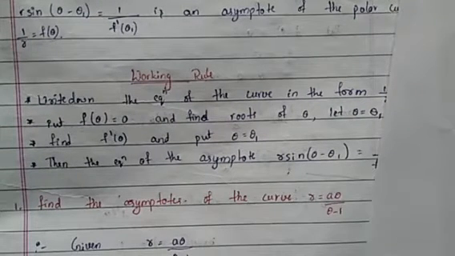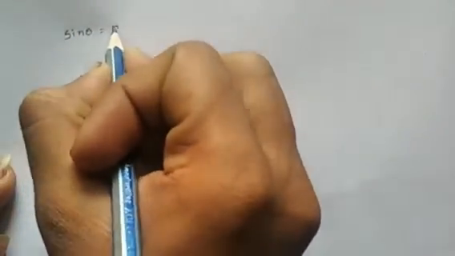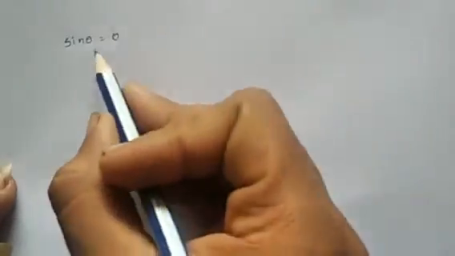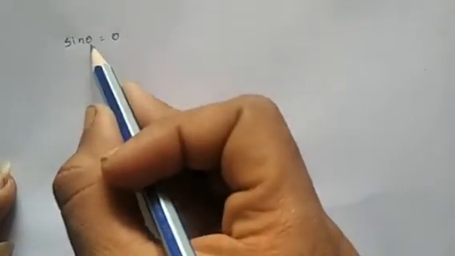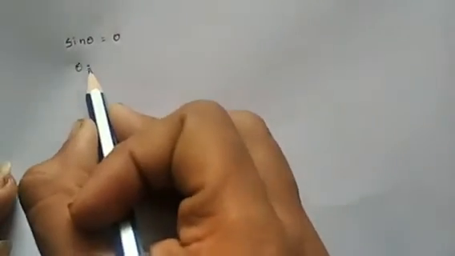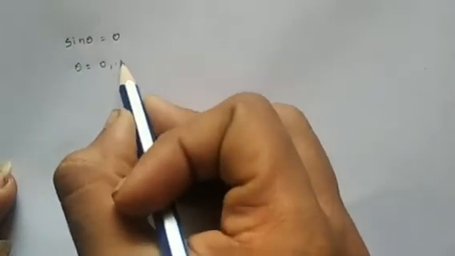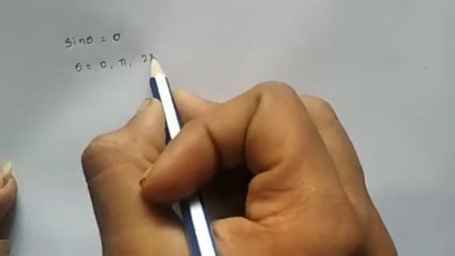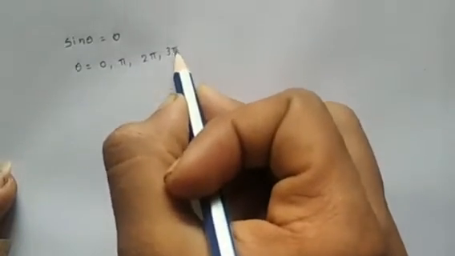Before starting the problems, let me discuss some formulas. We know that sin theta equal to 0. If sin theta is 0, what is the value of theta? The theta value is 0, pi, 2 pi, 3 pi, and so on.